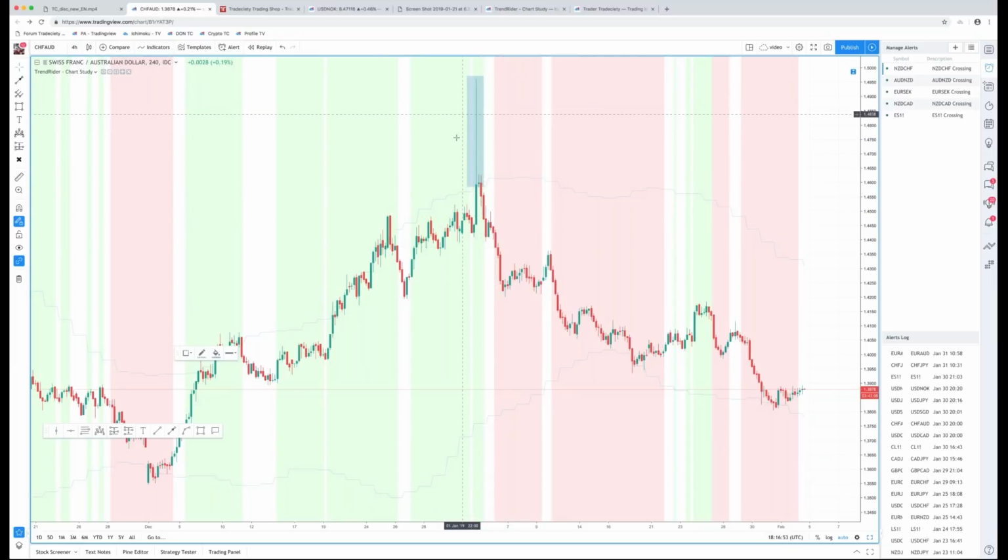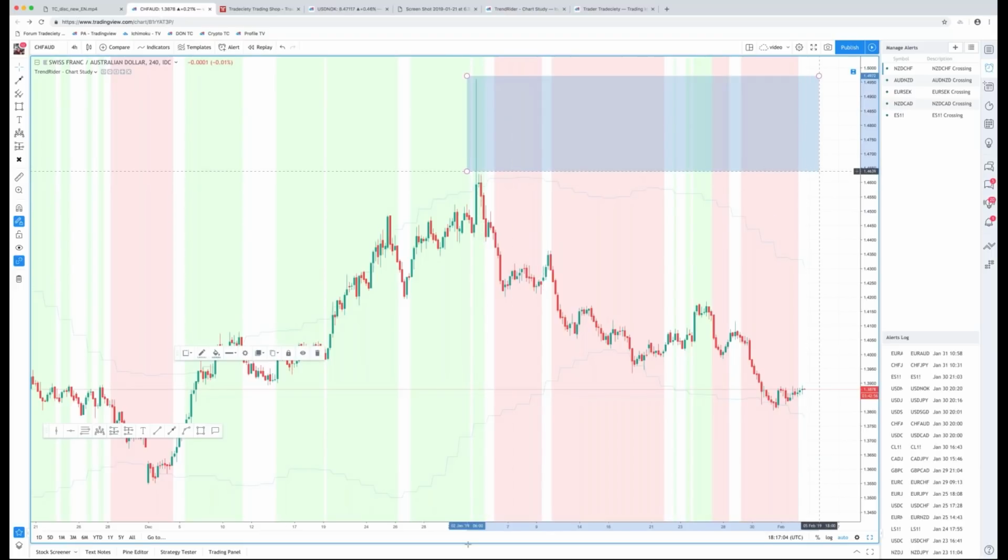It doesn't matter if this was news driven or whatever. The only thing we need to know is that this is clearly a level or an area where something major happened previously. Here was so much selling interest and a lack of buying interest that the market not only returned back to the open, but it started a new sell-off. So there's so much selling interest in this area. Going forward, how would you use it?